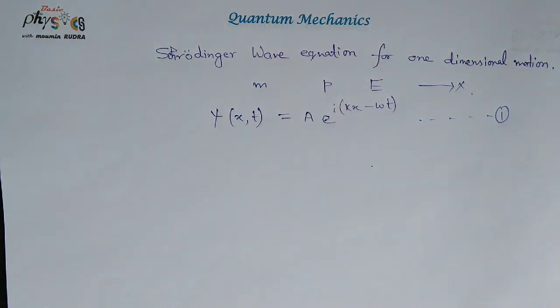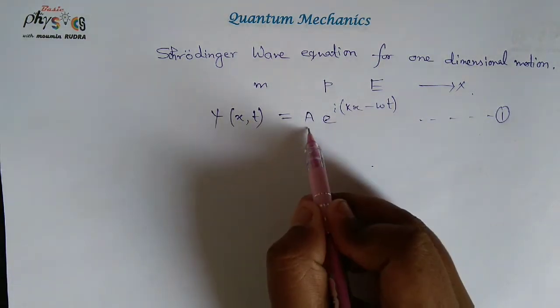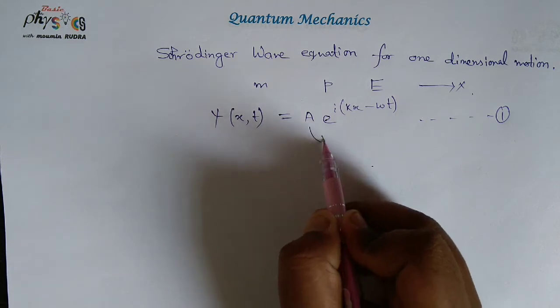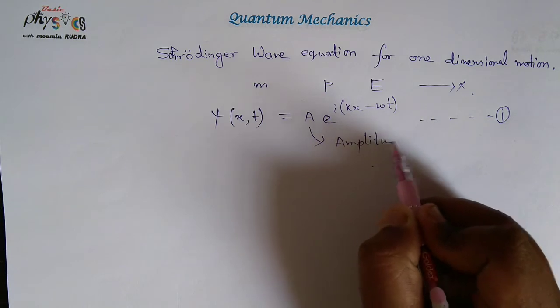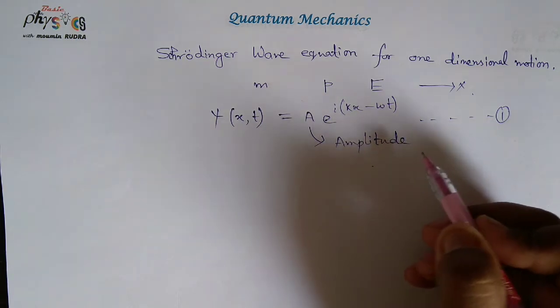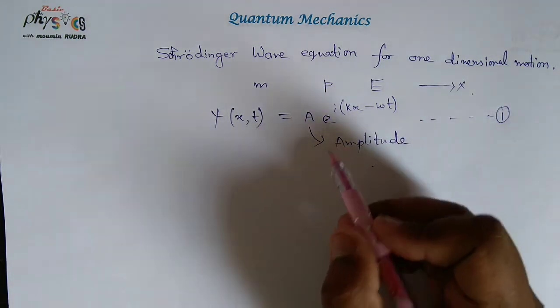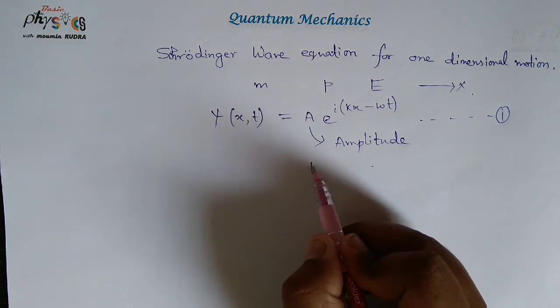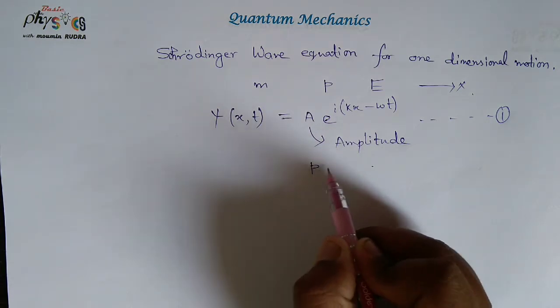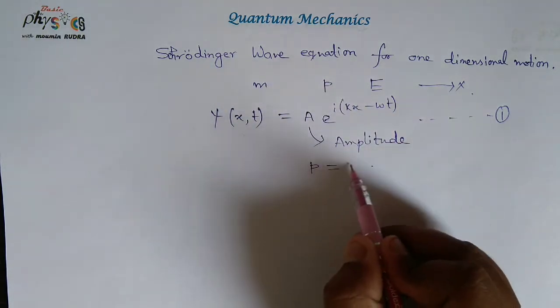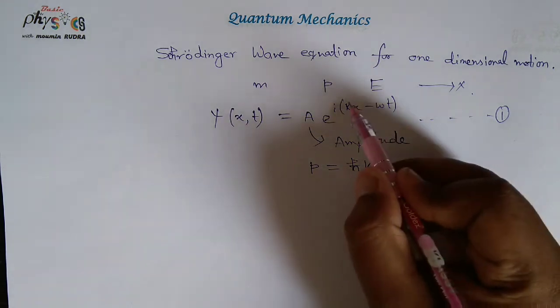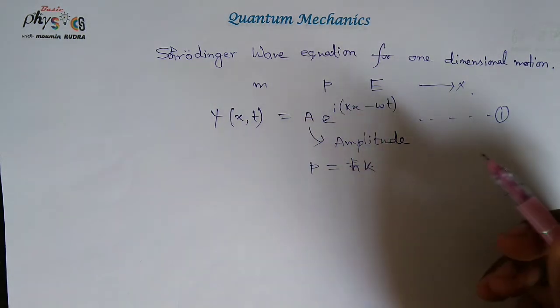Here A is the amplitude of the wave, and momentum p equals h bar times k, where k is the propagation constant.